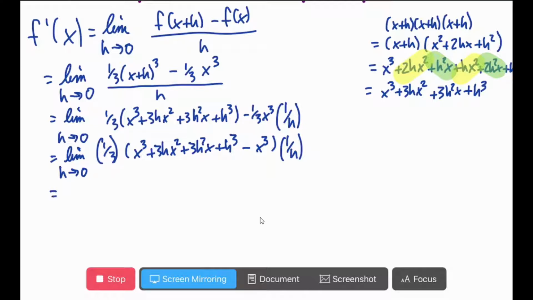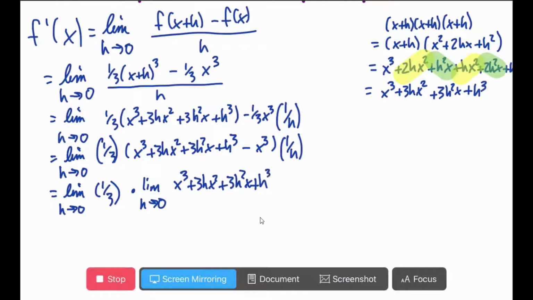So I can rewrite this as the limit as h approaches 0 of 1 over 3 times the limit as h approaches 0 of our other portion. So we're going to have, once again, x cubed plus 3hx squared plus 3h squared x plus h cubed minus x cubed, times 1 over h.